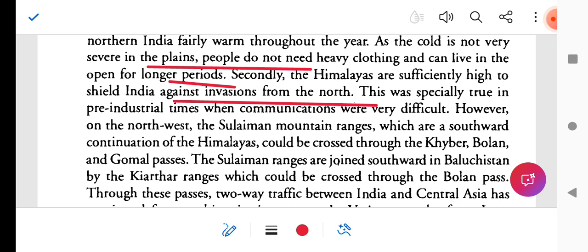However, on the northwest, the Suleiman mountain ranges, which are a southward extension of the Himalayas, could be crossed through the Khyber, Bolan and Gomal passes. You should remember these passes because they are important from the historical point of view.